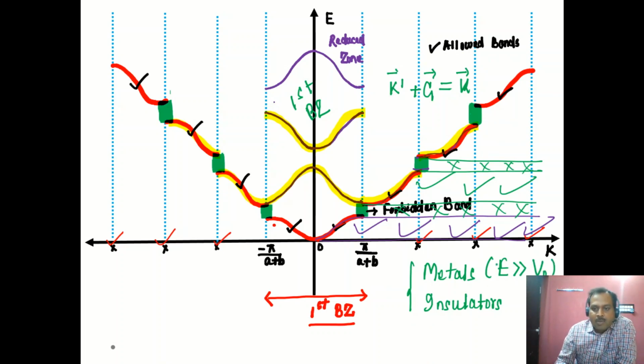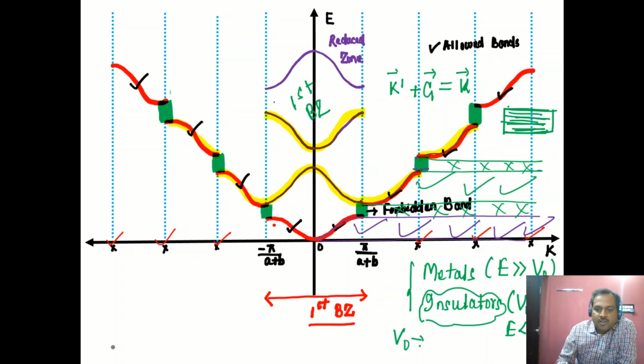That's why we can apply the free electron model, and we saw that in that case the allowed bands are completely continuum and the width of the allowed band is very large, whereas if V0 is very large, under which E is very small compared to V0, in that case the insulators exist, and under the extreme case when V0 tends to infinity, we see the existence of discrete energy levels.